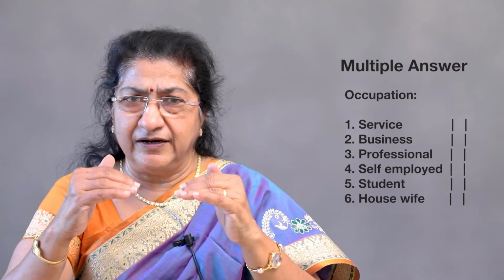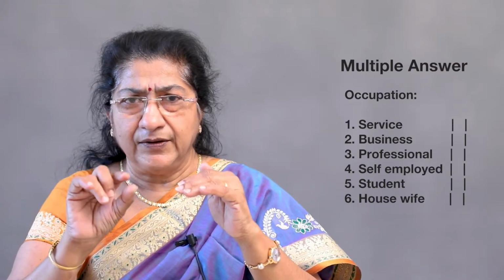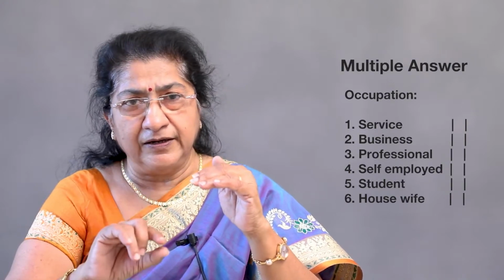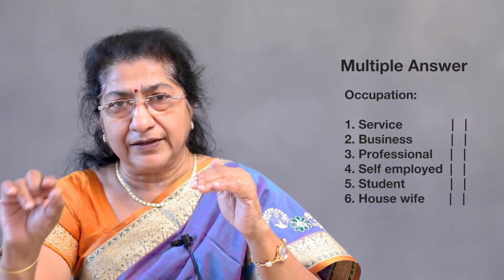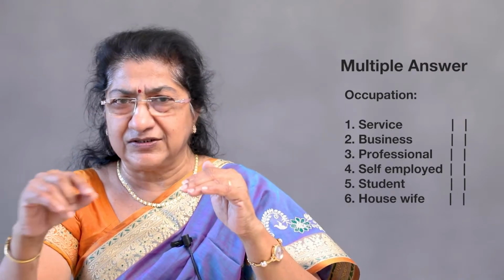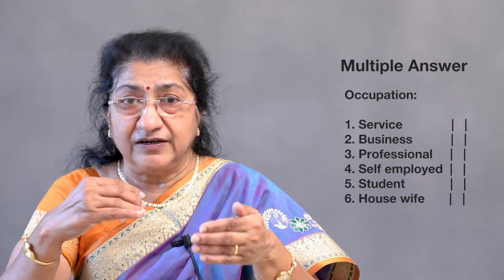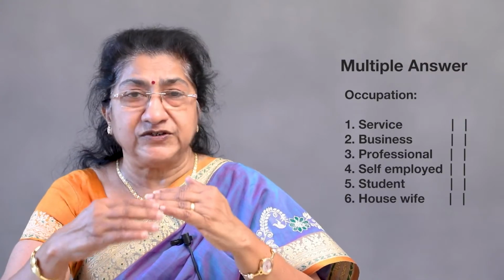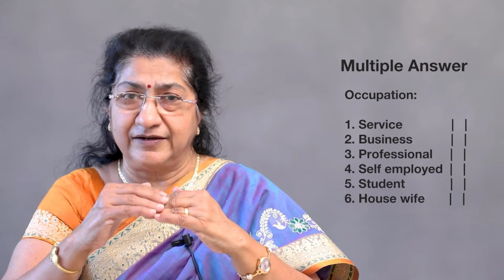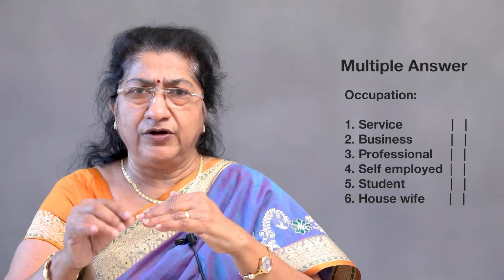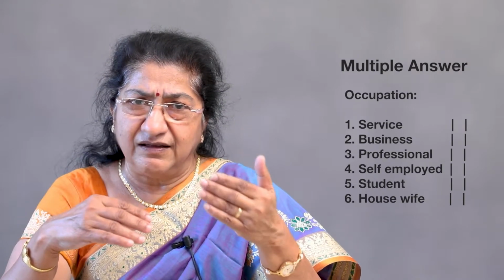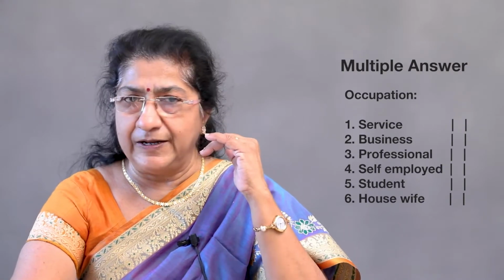And gender gives the option male, female. Third, income: 1 lakh to 2 lakh, 2 lakh 1 to 3 lakh, 3 lakh 1 to 4 lakhs. This way the researcher gives the options and the respondent has to write the proper option or tick mark on that one. These are the examples of multiple answer.